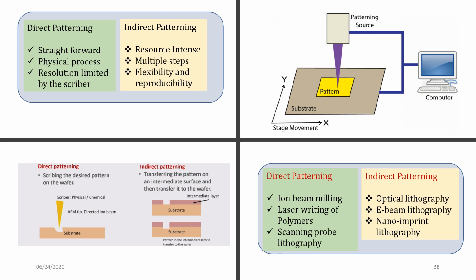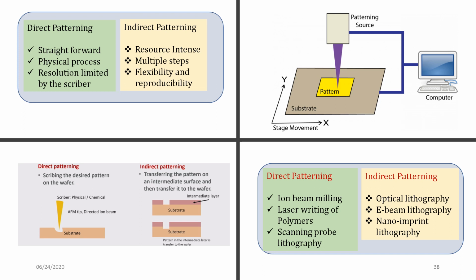But the kind of features that it gives you are very good. This is how a typical scribing would be, like an AFM tip writing on top of it, direct writing, direct patterning. This is what is explained here. You have direct writing, scribing the desired pattern on the wafer like this. You can use an ion beam, and it just directly touches the substrate. It's really not good because it can damage the pattern as well as the substrate being used.